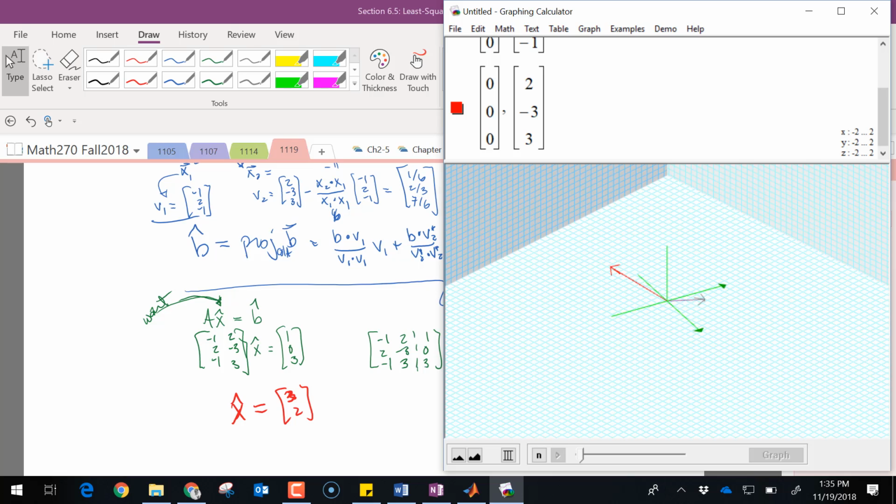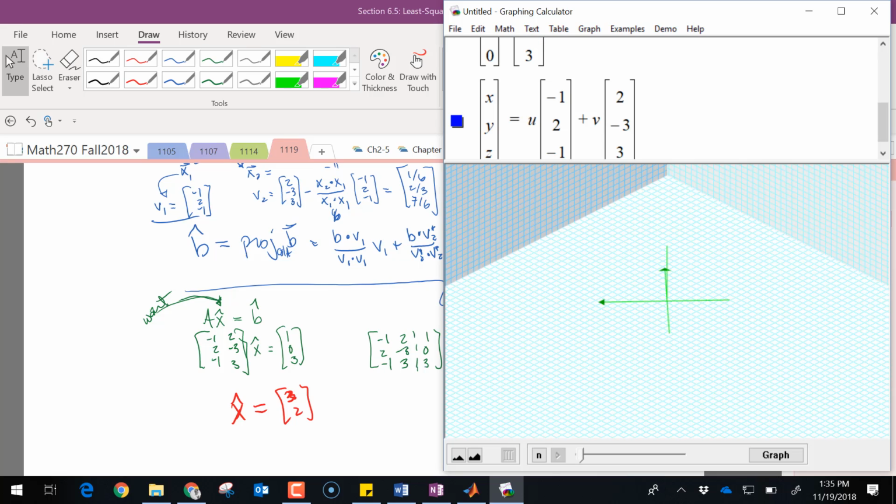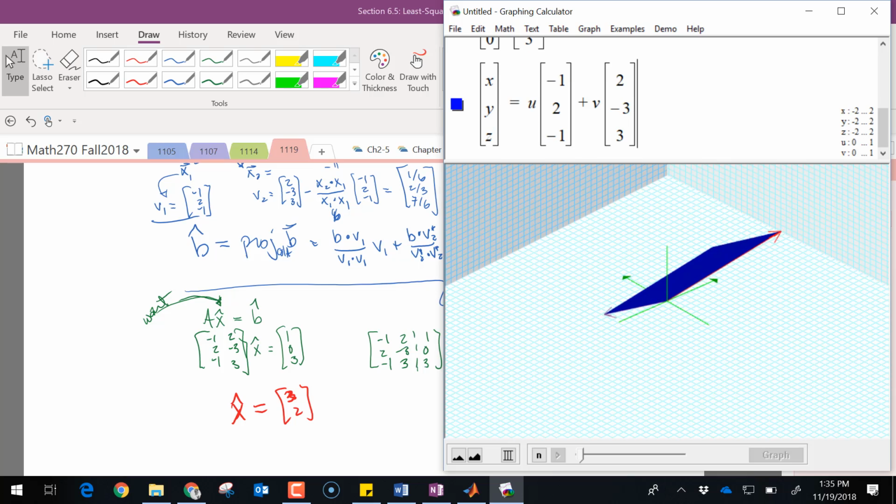They're columns of A. So if I make a plane out of this, the plane is going to be U times this plus V times that, so this plane contains these two vectors.